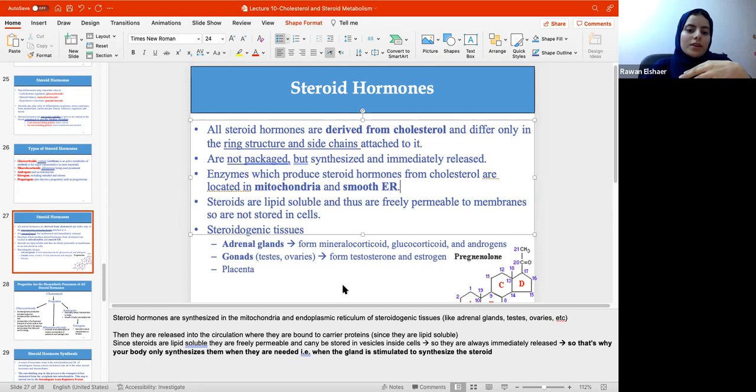Like our adrenal glands, our gonads, each gland in our body has a hormone that stimulates it to produce something. Like how we said insulin stimulates cholesterol synthesis in the liver, right? So when the cell is stimulated, that's when it makes cholesterol, that's when it makes the steroids, and that's when the steroids are released.